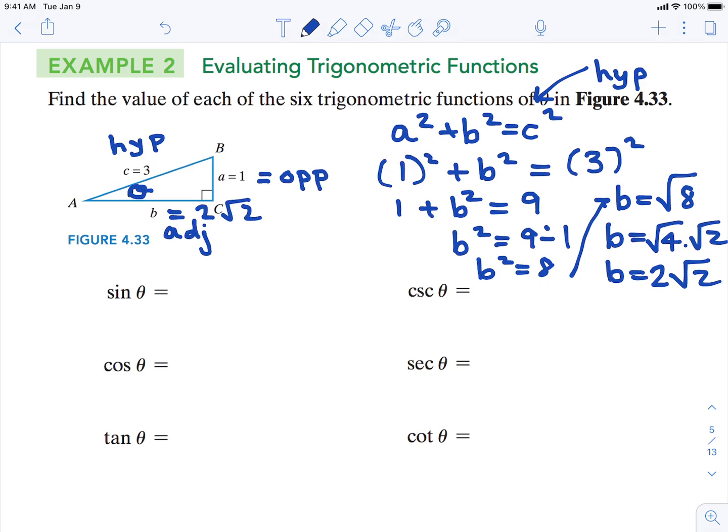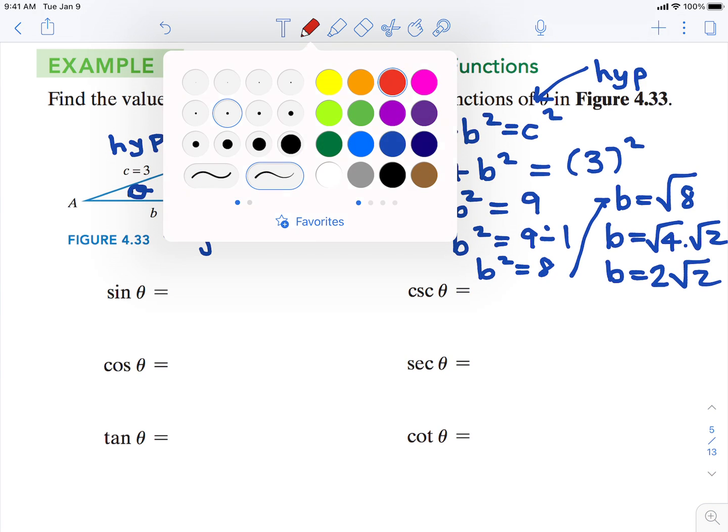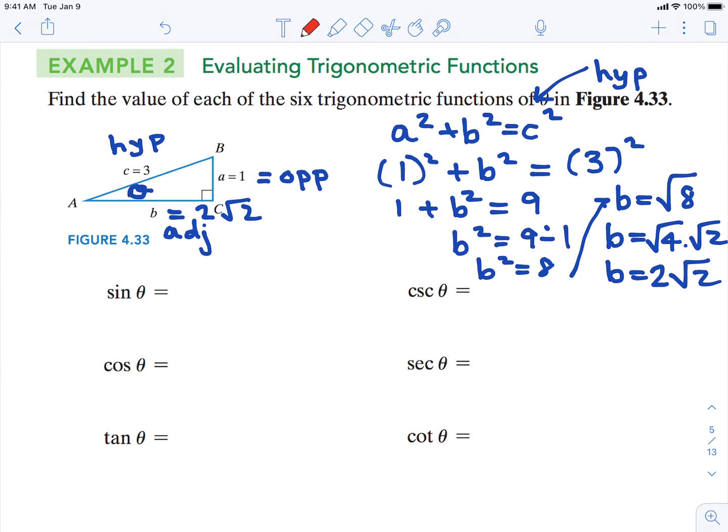Now I'm going to go ahead and do my 6 trig functions. So the sine is opposite over hypotenuse. So we go up and find side opposite, which is 1, and the hypotenuse is 3.